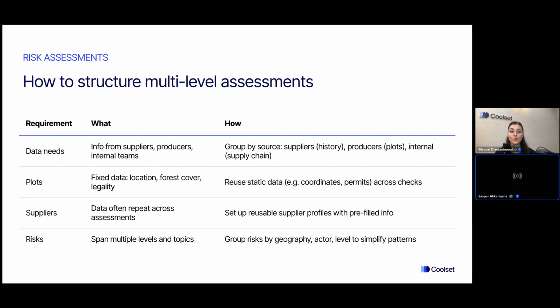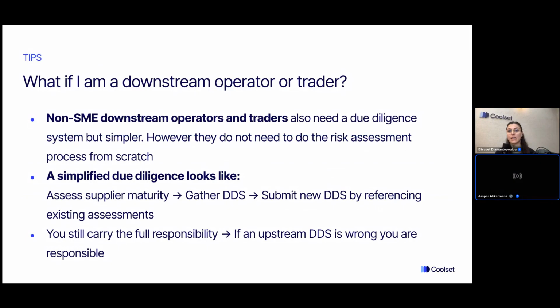Now, of course, many people will be wondering, what if I am a downstream operator or trader, and what does this process look like for me? Of course, non-SME downstream operators and traders need to have a due diligence system in place, but this is much simpler than the one that sits at the first step of the chain.